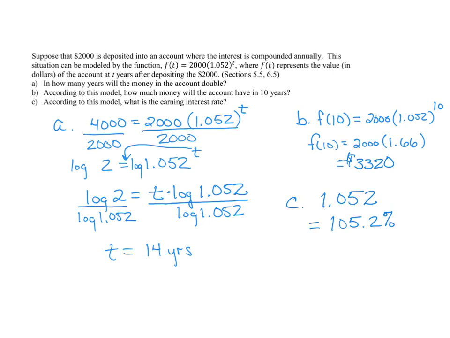So what we want to do is, again, subtract off our 100. That was the original amount, or the original percentage. And we get 5.2%. So the earning interest rate is 5.2% per year.